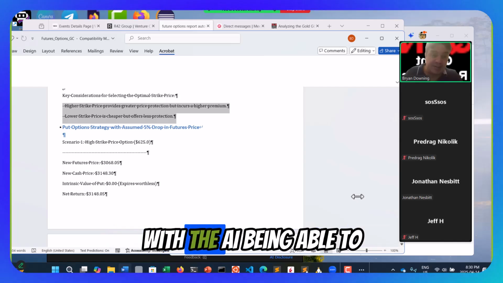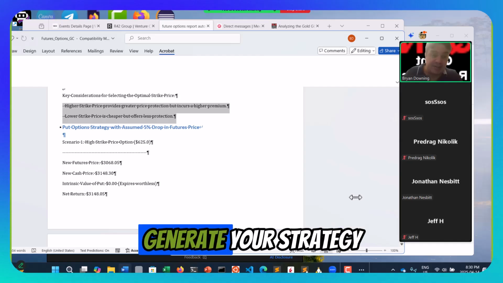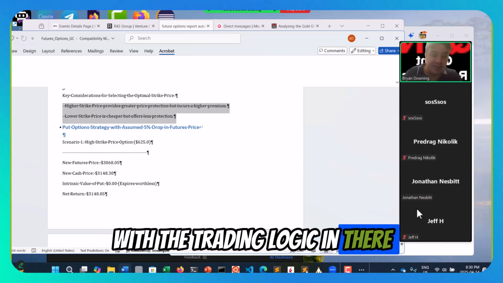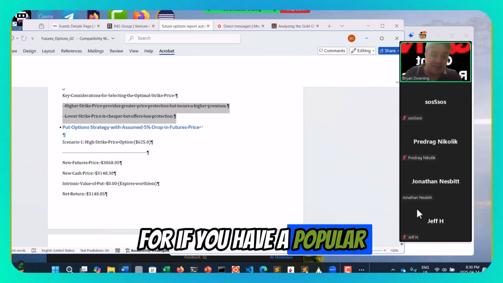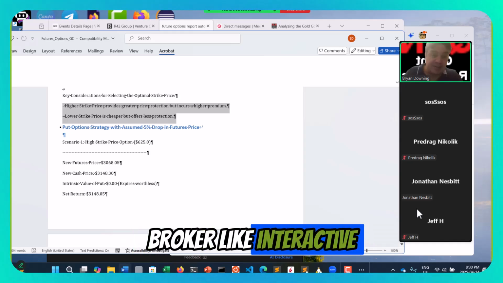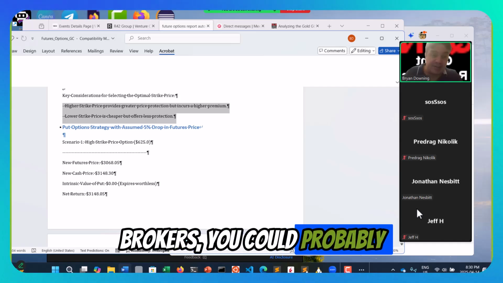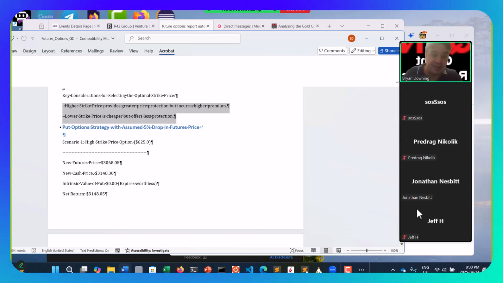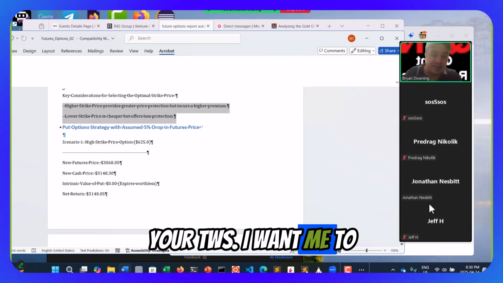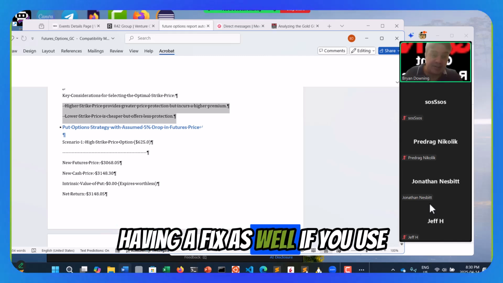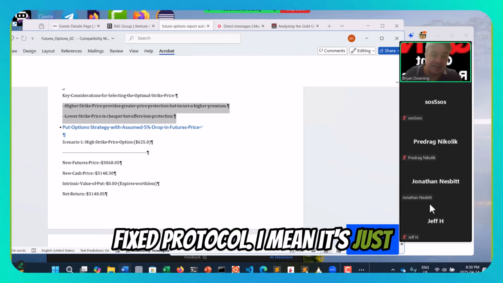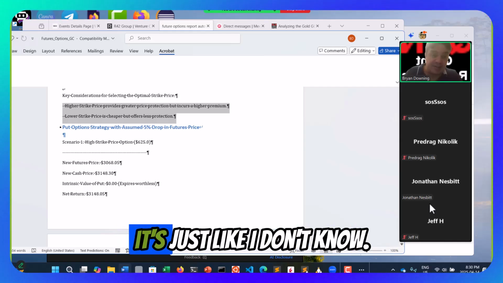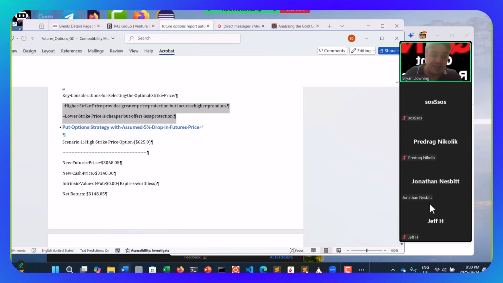And with the AI, being able to generate your strategy with the trading logic in there, if you have a popular broker like Interactive Brokers, you could probably add in the API code as well to interact with your TWS. I wouldn't be surprised if you'd be able to do FIX as well if you use FIX protocol. It's just where we're at with the coding and the trading on top of it.